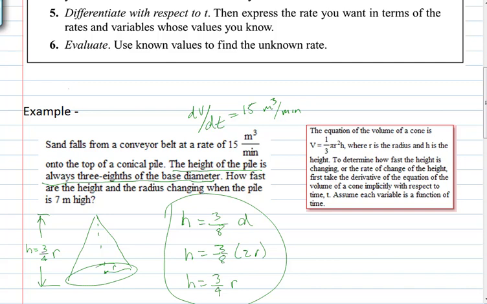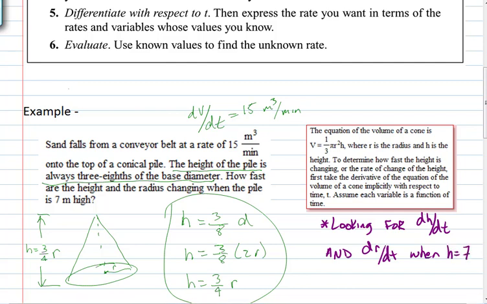How fast are the height and the radius changing when the pile is 7 meters high? So we're looking for dh/dt, the change in the height with respect to time, and dr/dt, that's the derivative of the radius with respect to time, when h is 7, when the height is 7, right?